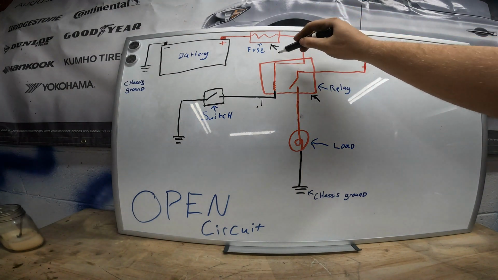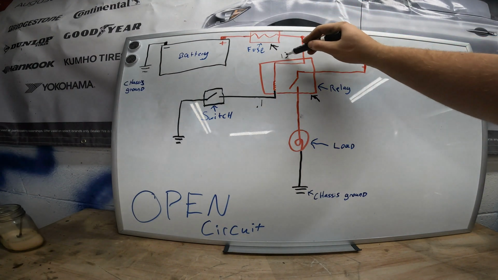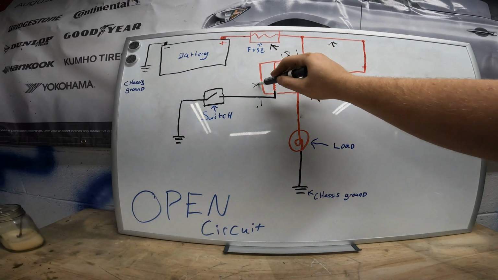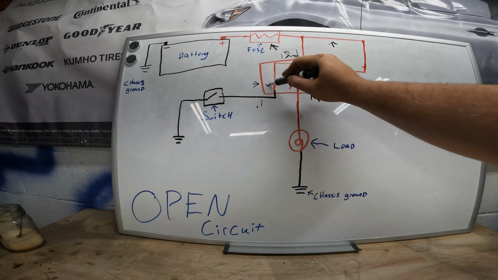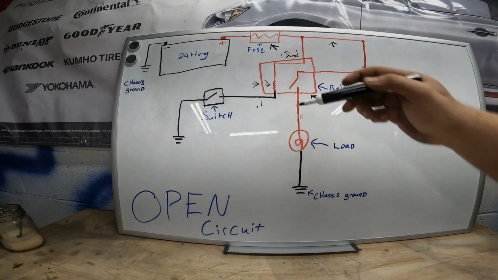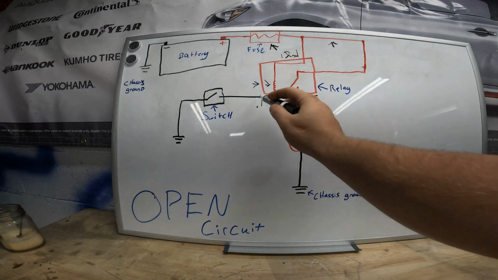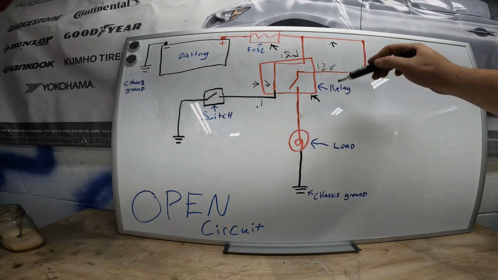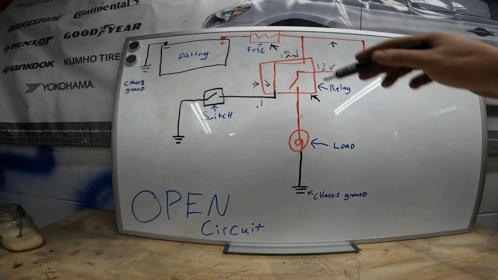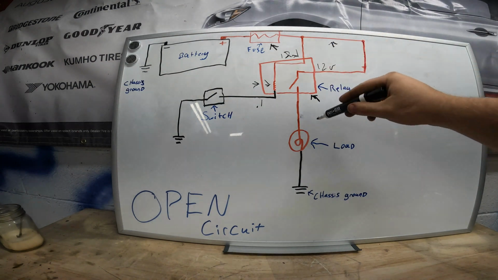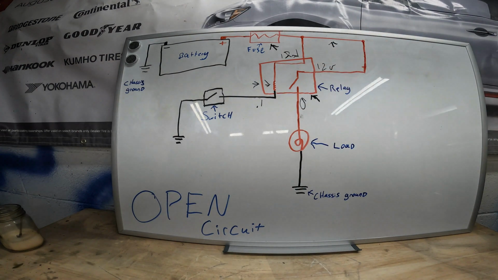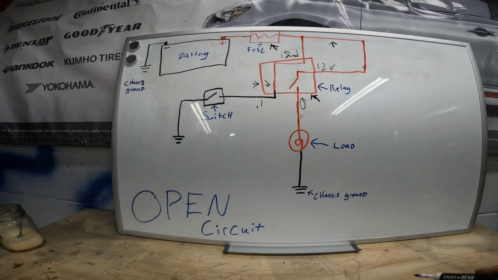When this is operating correctly, you'll get 12 volts here. This load here will use that voltage other than what it needs to pass to ground. And then you'll have 12 volts here, and you'll be like, well, this is working, I heard a click. But you'll have a flat 0 there. You'll be like, there's an open there.